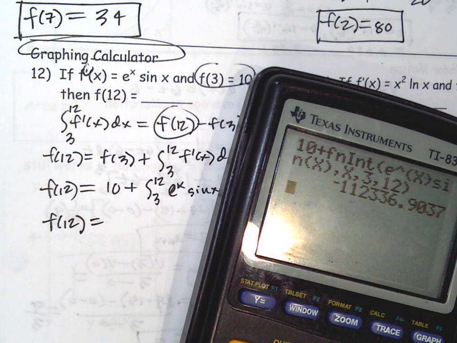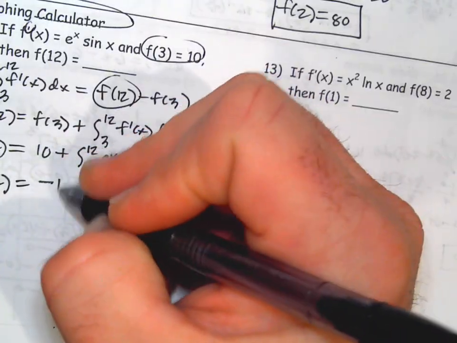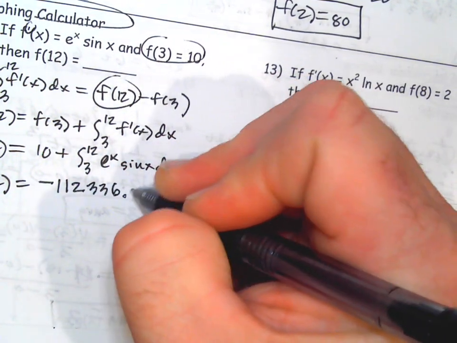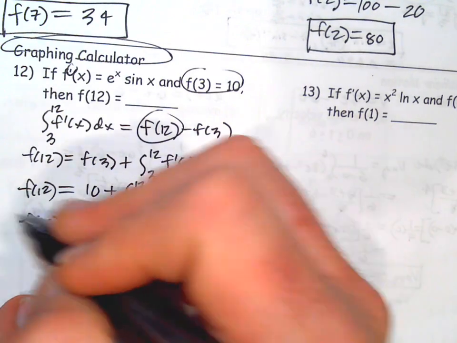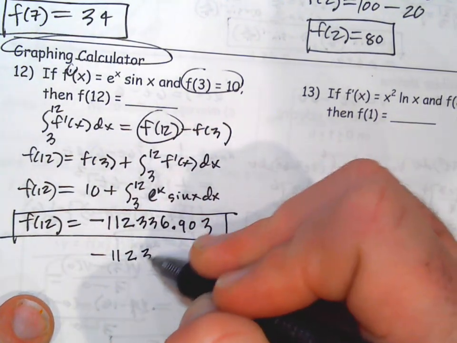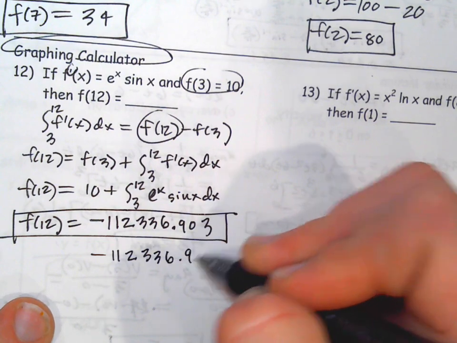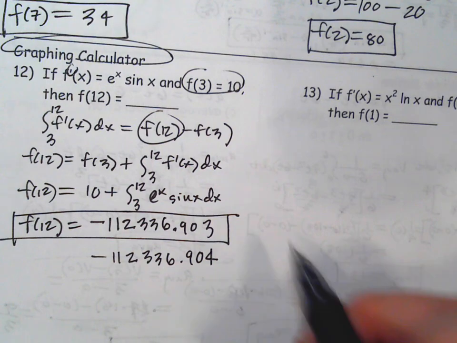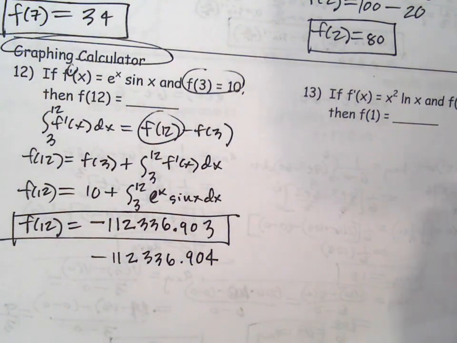Still way faster than me doing it by hand. And there's the answer. Perfect. Negative 112,336.903. If you're going to truncate, which I always recommend, you can't really mess up truncating, just ignore the next decimal. But if you round, you could round wrong. This time, that'd be the rounded answer. This is a setup, though. This is the work you have to show.